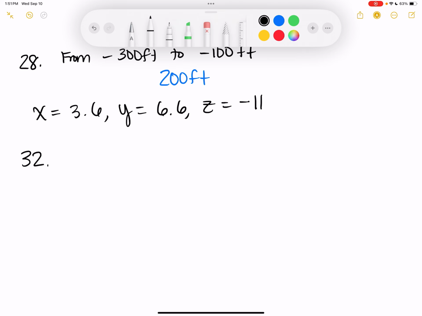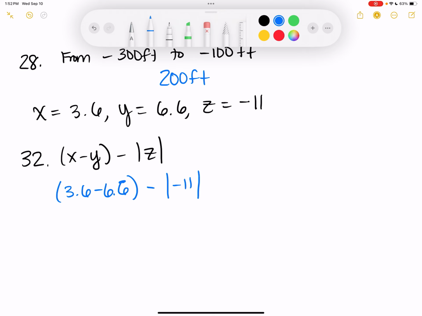Number 32. x minus y minus the absolute value of z. And they want us to solve this. So I'm going to plug in my numbers. So I've got 3.6 minus 6.6 minus the absolute value of negative 11. 3.6 minus 6.6 would be negative 3.